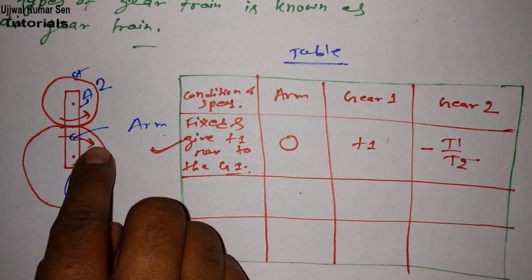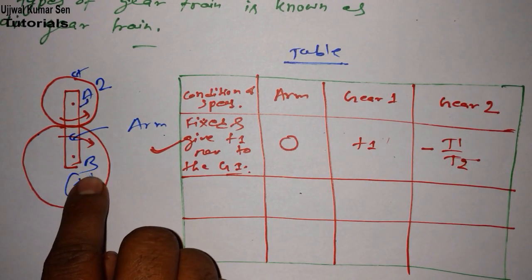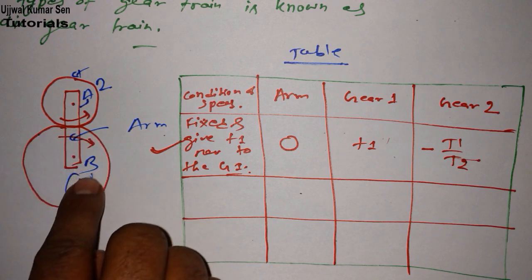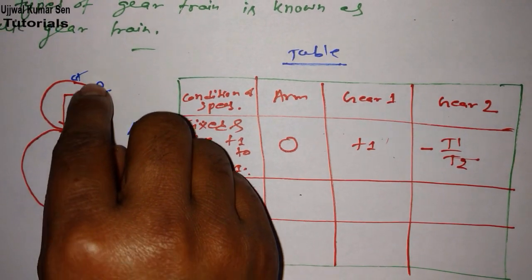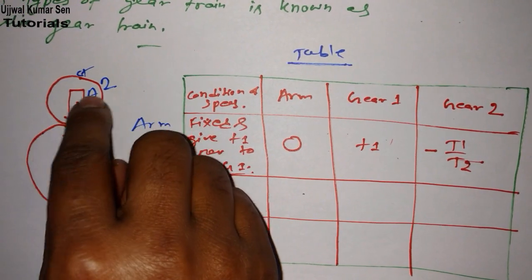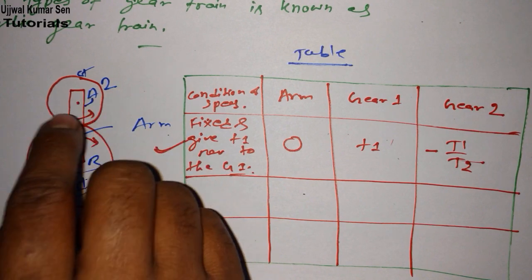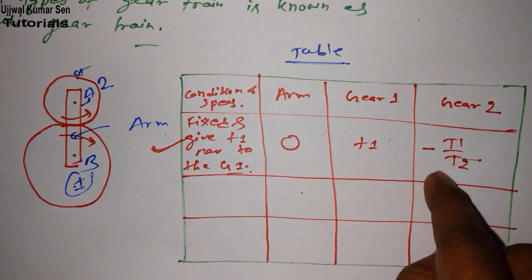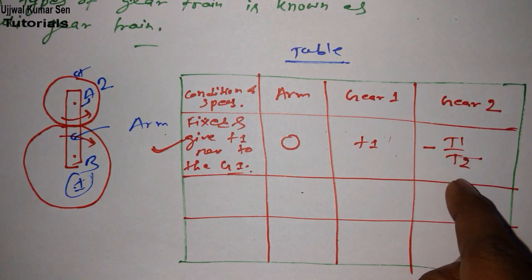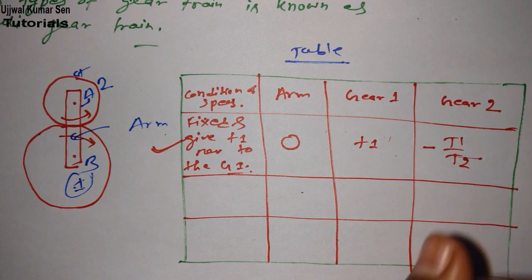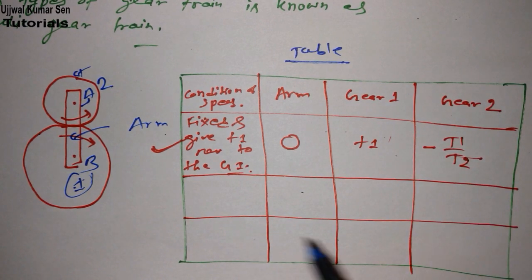Now if gear 1 is moving in the clockwise direction, then definitely gear 2 will move in the anti-clockwise direction. Because of that, I have written minus T1 by T2. Got it? Now let's move.